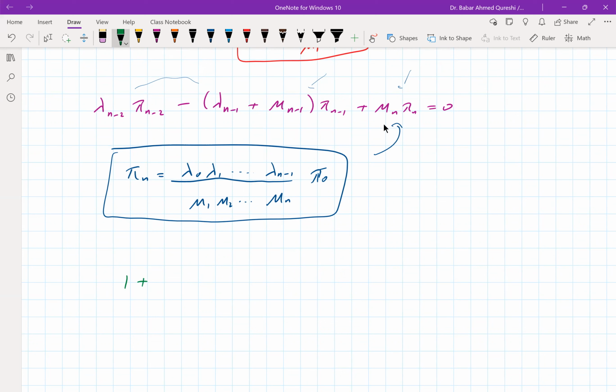And this sum has to be finite for this to make sense as a probability distribution. So that would be the condition for this to have a stationary distribution.